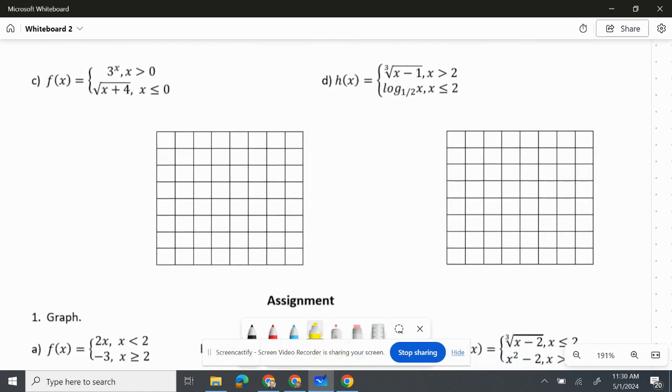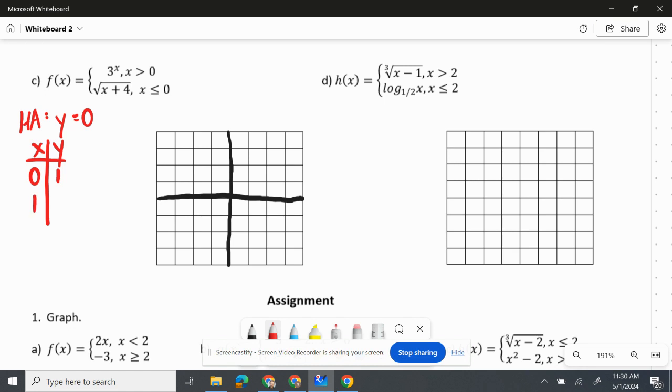So here what we have is another exponential. So that means we have a horizontal asymptote. And with our horizontal asymptote, we know that since there's no constant, it's going to be y is equal to 0. We're going to start with our domain, which is 0. 3 to the 0 is 1.